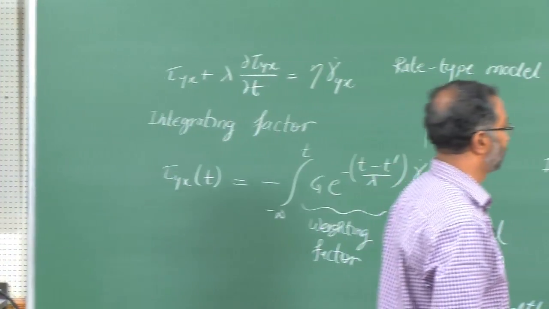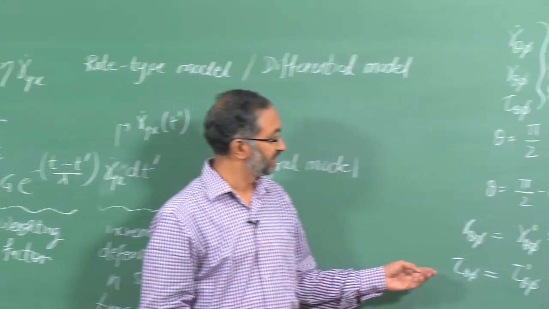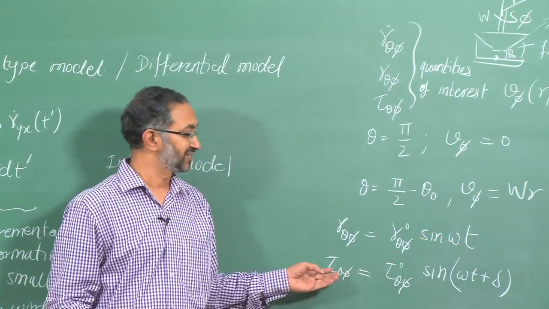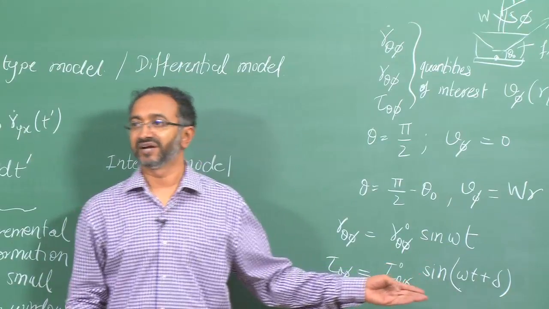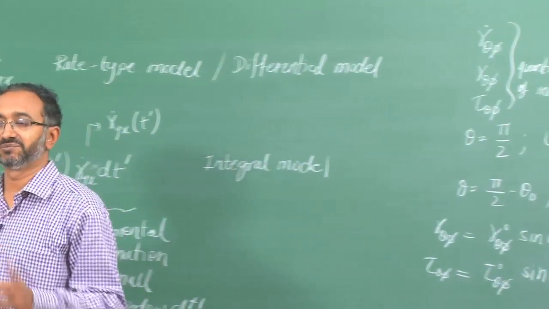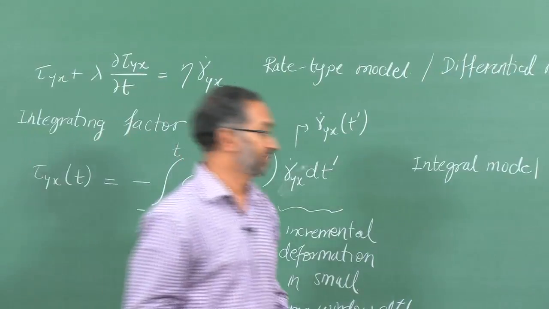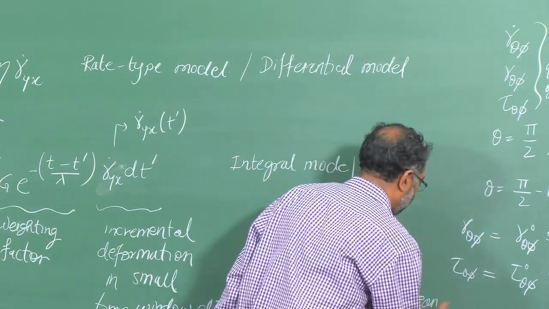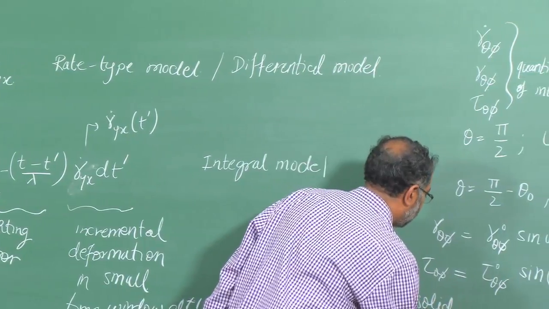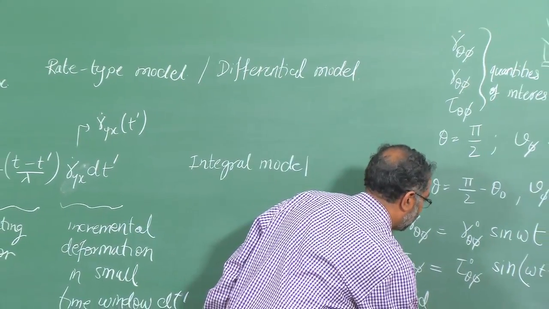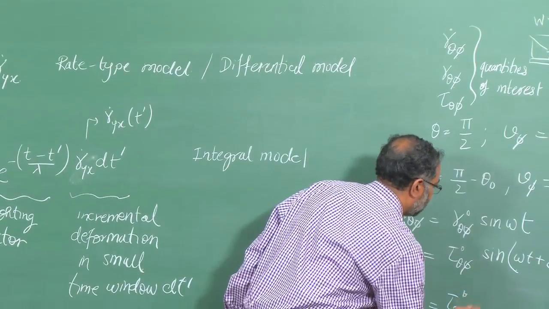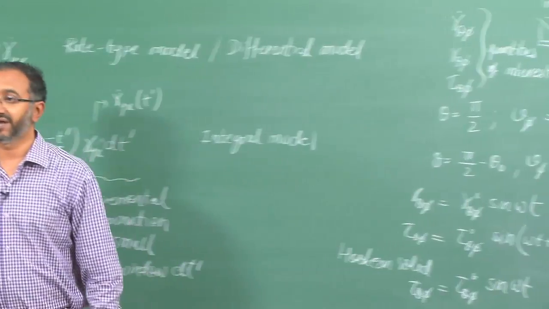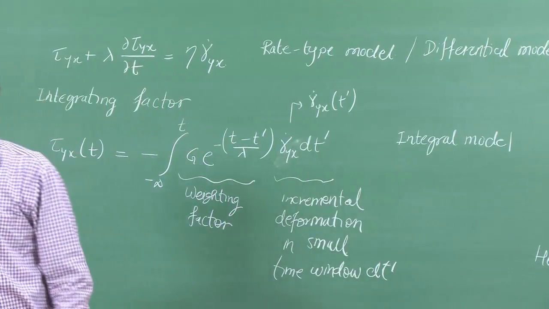For example, if we have a Hookean elastic solid, then we know that if strain itself is sin omega t, then stress also will be sin omega t, because wherever strain is maximum, stress will be maximum. So, for a Hookean solid, we know that tau theta phi will be actually some amplitude and then sin omega t itself, because it has to be in phase.